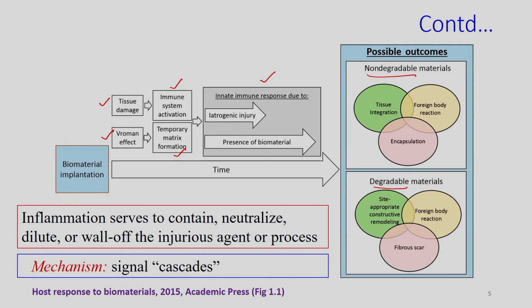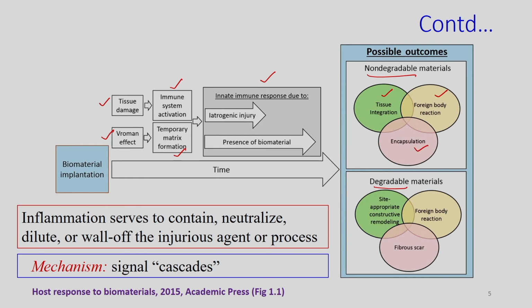And finally, what is the possible outcome? If it is a non-degradable material, it means it will be present inside the body for a longer duration. So, it causes tissue integration, foreign body reactions and encapsulation.